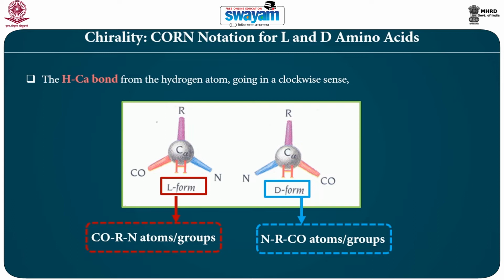If you go from left to right or clockwise sense, the L amino acid has groups CO, R, and N. That is why it is called CORN or L amino acid. And we usually have L amino acids in all our proteins. In D form, the notation is just the reverse. It is N, R, CO as we go in a clockwise sense and look from H to C alpha atom.